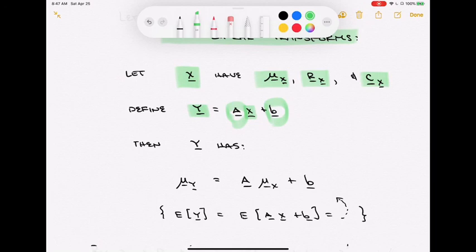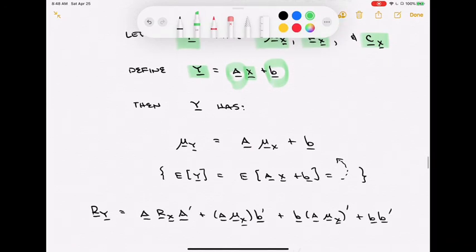If y was a different dimension than x, then B would still have the dimensions of y. It wouldn't have the dimensions of x in that case, and A would no longer be a square matrix. It would be a matrix that converts the dimensions of x, call it n, to the dimensions of y, m. So it would be m by n.